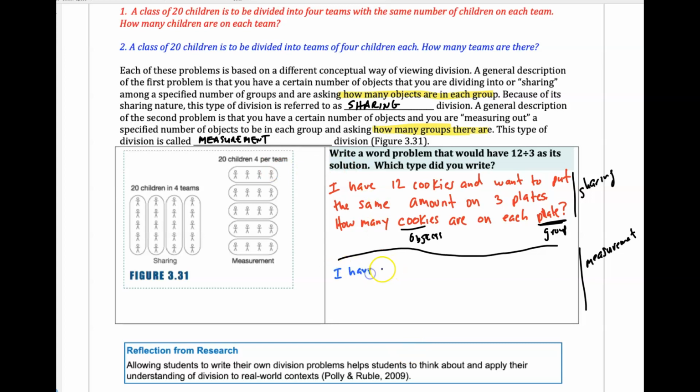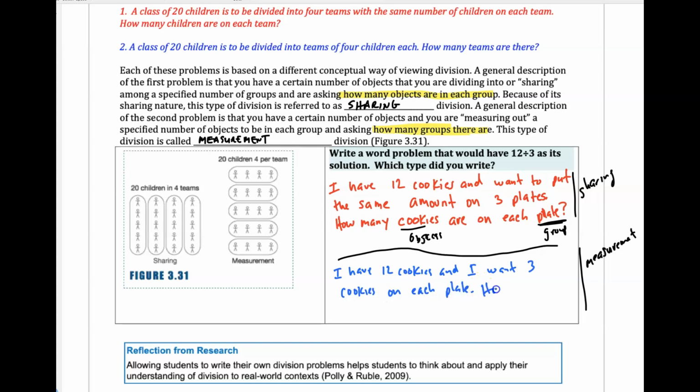So I have 12 cookies, and I want to put... the answer is going to be 4, right? So, and I want 3 cookies on each plate.